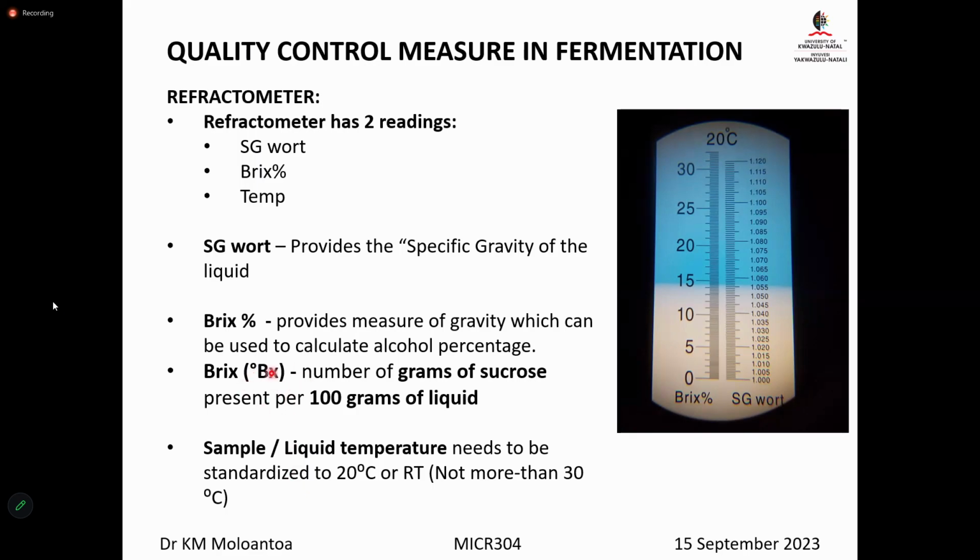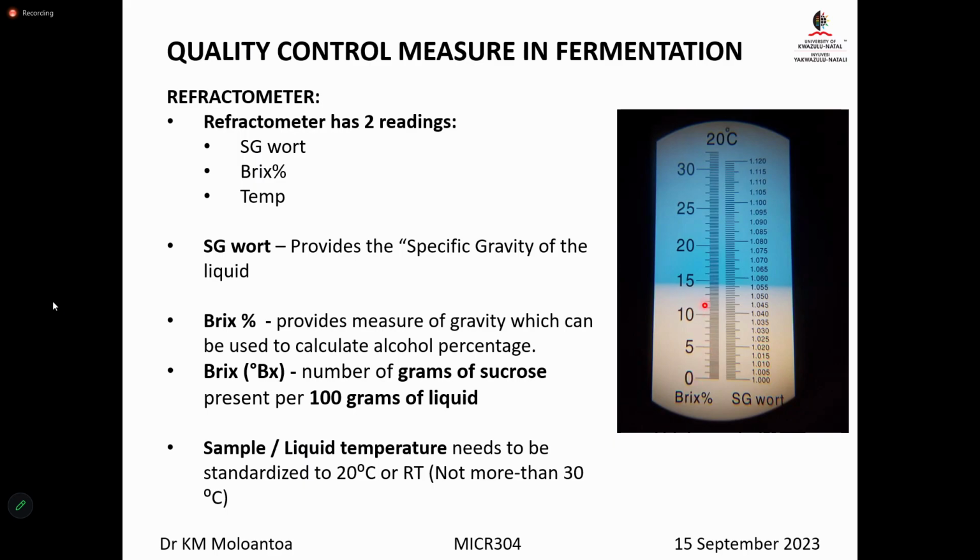So what I was explaining with the Brix is that it gives you how much solute you have dissolved. For an example, if you take a cup of tea, you add hot water, you add 2 spoons of sugar, and then you obviously swirl until it's dissolved. You measure this, or you put your sample there, it will not be at 0, it will run about maybe 5, and then you add more sugar.